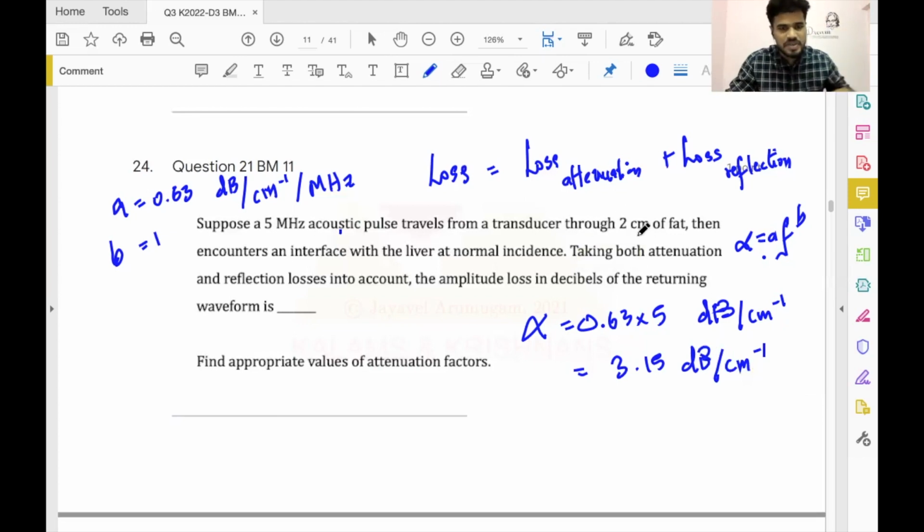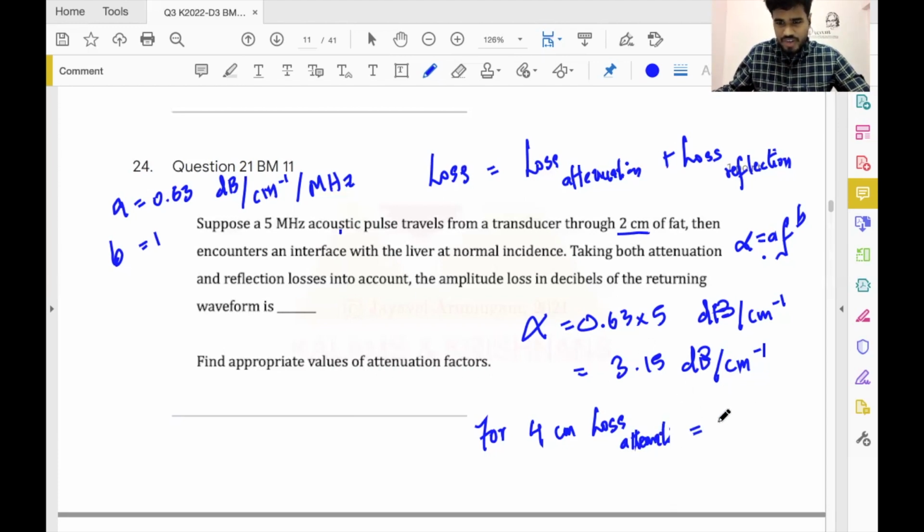So how far away does it travel? I suppose it's a two-way trip, right? Things get back, so it travels 4 centimeters. Per centimeter, this much loss. For 4 centimeters, how much loss? For 4 centimeters, the attenuation loss, the first component, is 3.15 into 4, and the answer will be in decibels.